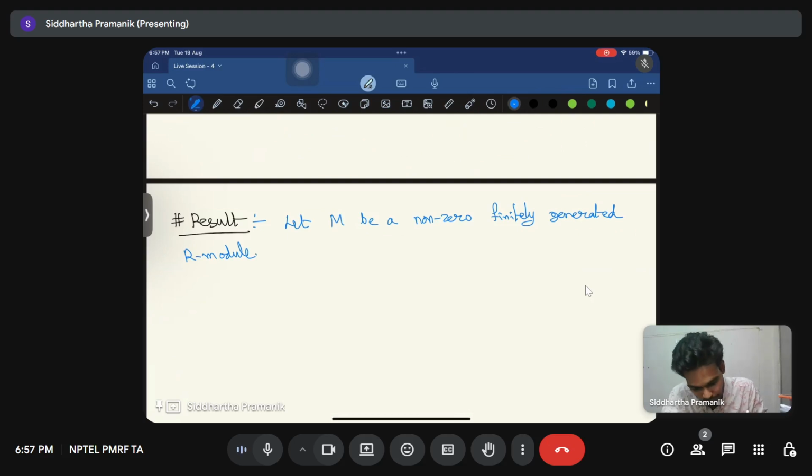So the result is then there exists a submodule N of M such that the quotient M mod N is a simple R module.